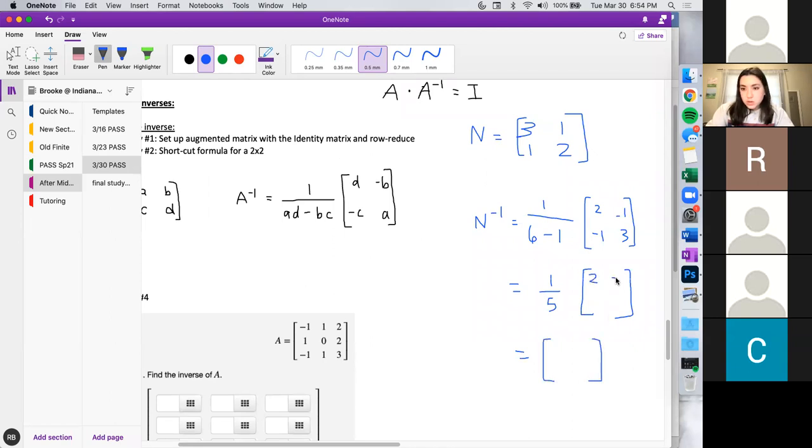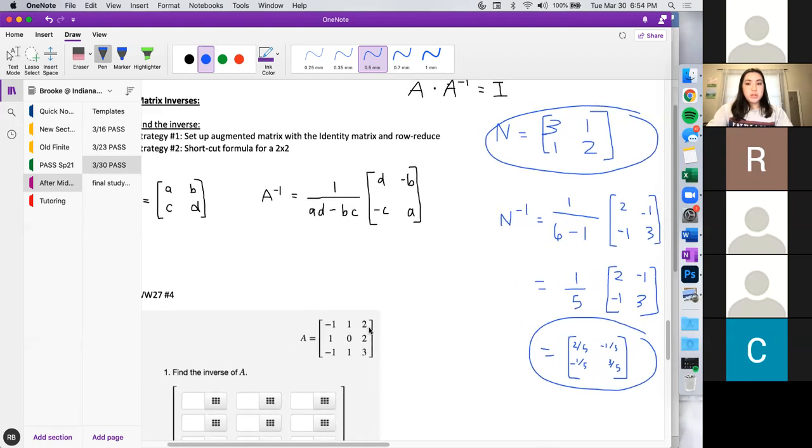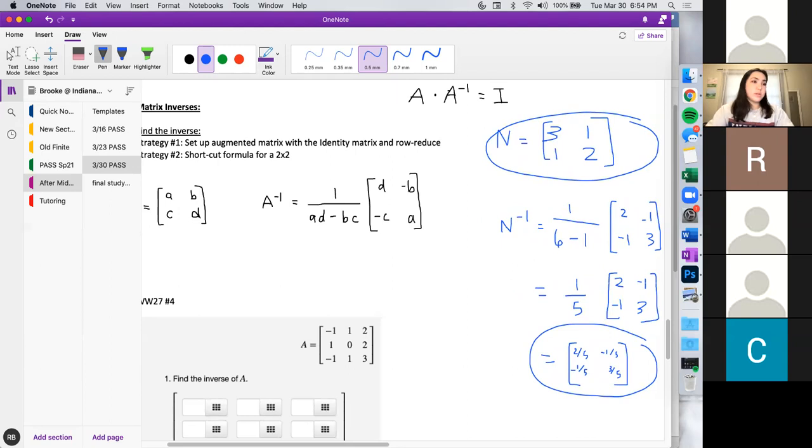For time's sake, I'm not going to do the math all the way out. But you'd have 2 over 5, negative 1 over 5, negative 1 over 5, 3 over 5. So this is the inverse of n. So that's why the shortcut's so much nicer. Or use a calculator.